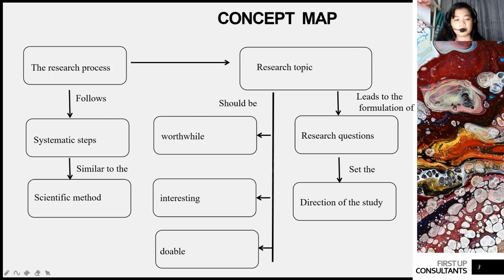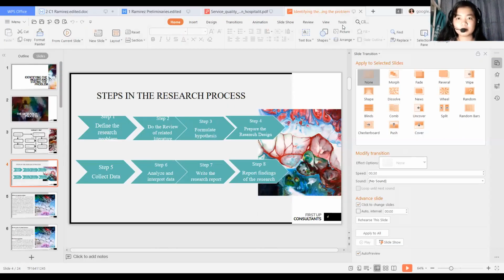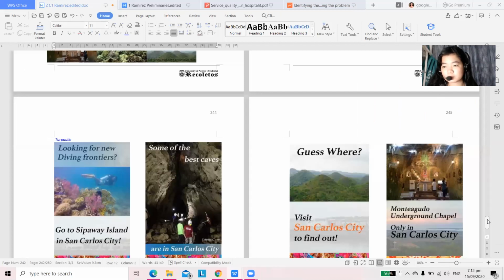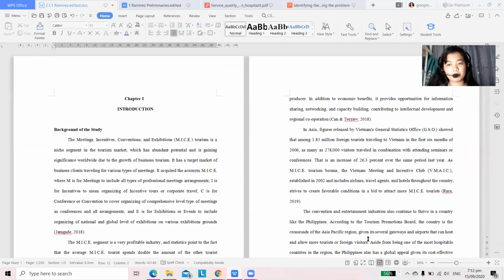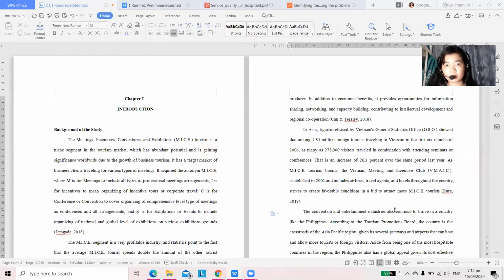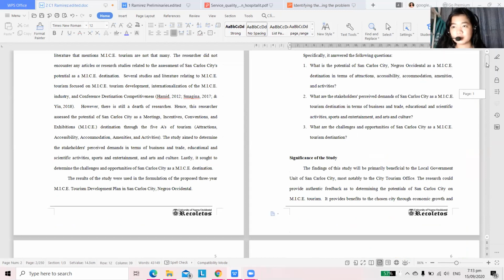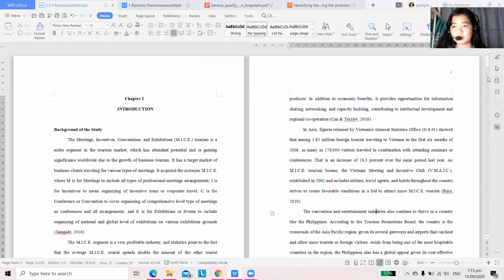If we are going to have a clear idea of what a statement of the problem is, I'll show you a copy of my research paper. This is my introduction. I think it's quite important to establish your research title first and then your statement of the problem, then you'll go with the introduction.